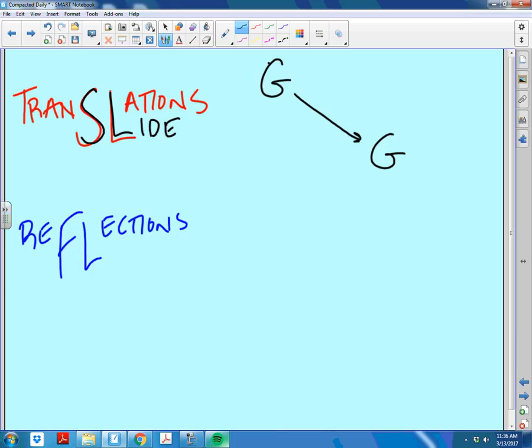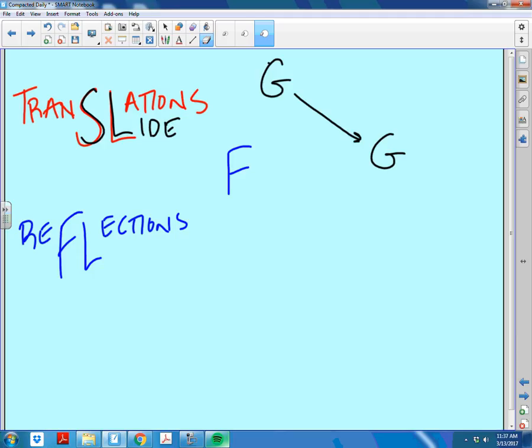But it always stays the same. If you have the letter F and it looks different, you know there was something else involved other than a slide, other than a translation, because it changed orientation. A translation will never change its size or its orientation. Orientation means how it sits. It just changes where it is.